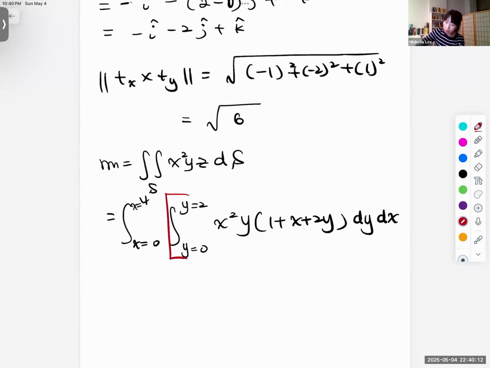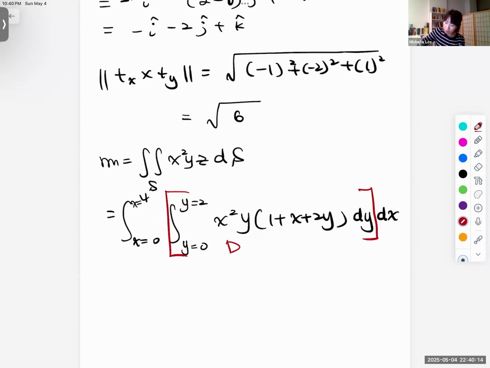So we want to integrate with respect to this. So we have x equal to 0 to 4. Then x is constant, right? So treat x as constant.